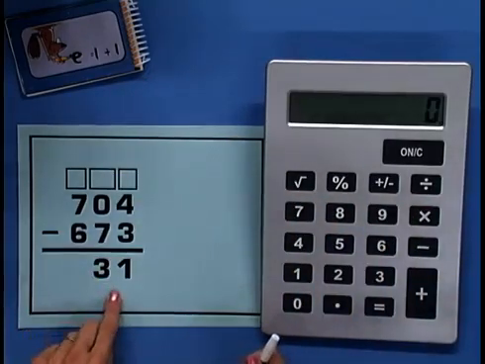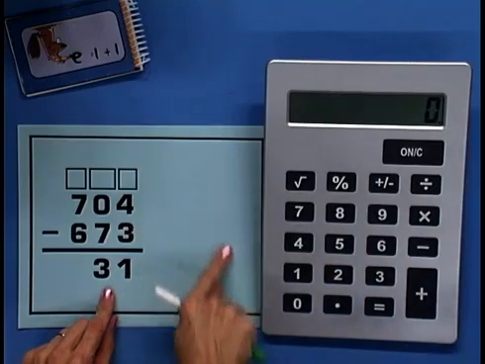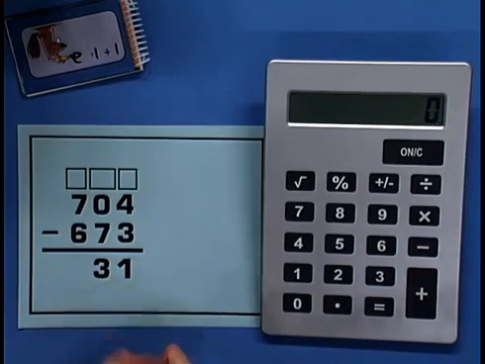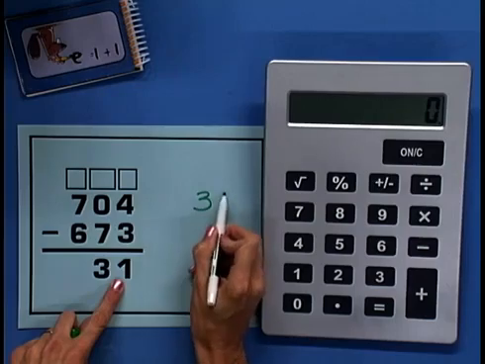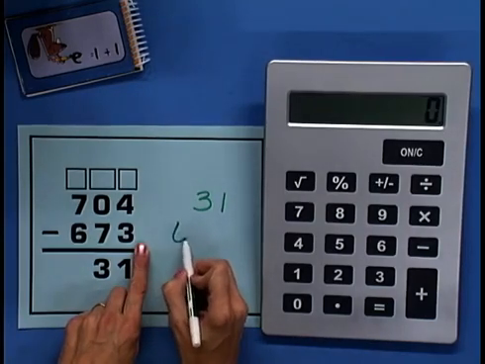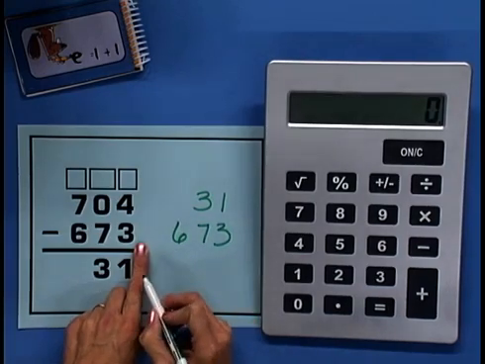Remember, 31 was our answer. Now, we're going to check our work. We need to make an addition equation, okay? Remember, we take the difference and we have that be our first addend, okay? Then we take the subtrahend and we make it be our next addend, okay?